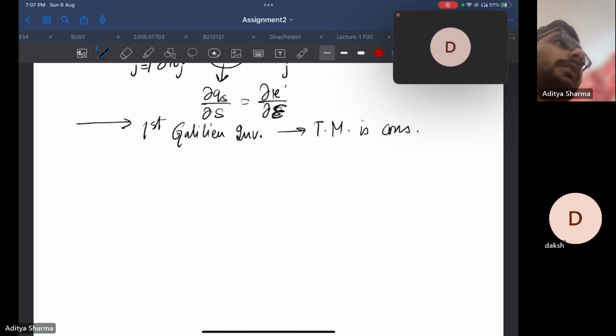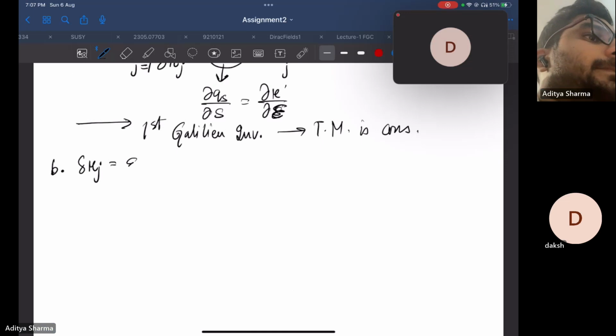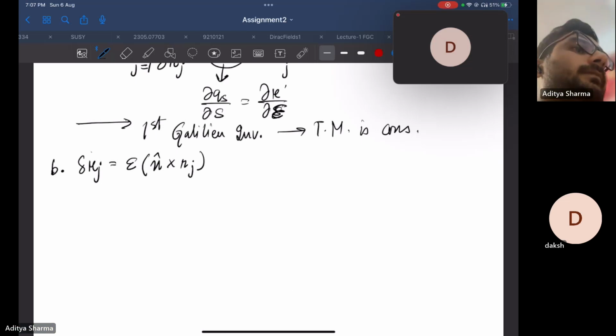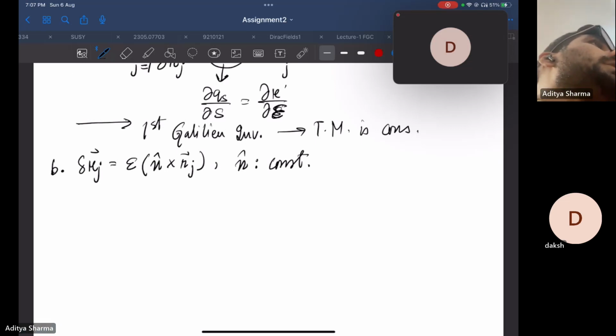Now we'll consider the next variation. The next variation is this: delta Rj is n cross Rj, and n is a constant unit vector. So this is the rotation.